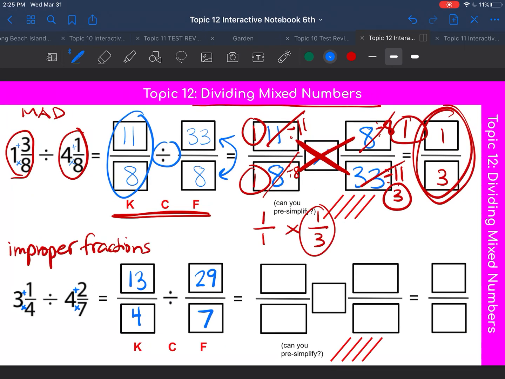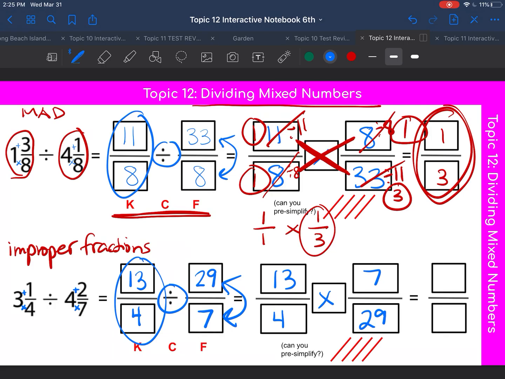So now we can keep the 13/4, change the division to multiplication, and flip, or find the reciprocal of, 29/7 to get 7/29.